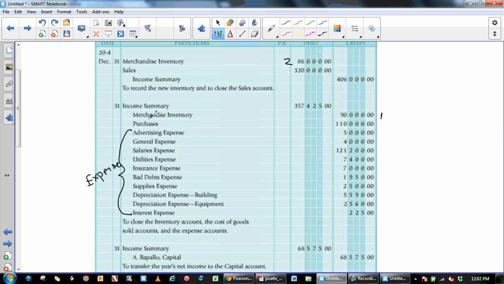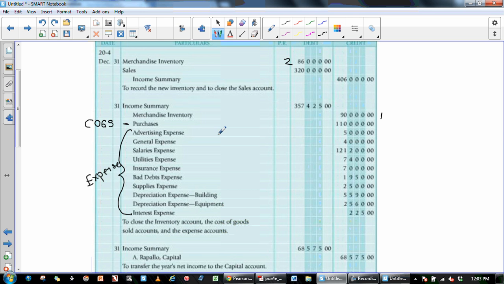Purchases is also a temporary account, has to be emptied out. This is not an expense account, this is a cost of goods sold account. Because in the income statement, it shows up in your cost of goods sold section. So you see here we close the inventory accounts, the cost of goods sold accounts, and the expense accounts.